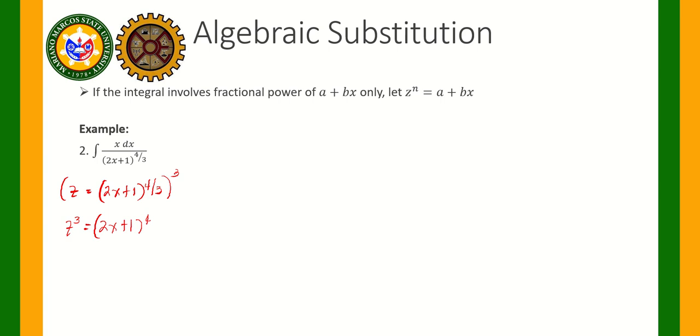Okay, so 4 times 3 is 12 over 3, that is equal to 4. And then, para matanggal din si 4, raise tayo sa 1 over 4. Para 4 over 4 raised to 1 na lang. So, this will be equal to z raised to 3 times 1/4, that is 3 over 4, equal to 2x plus 1. So, natanggal na natin yung fractional power niya dito. And then, kunin natin yung value ng x. So, this will be equal to z raised to 3/4.